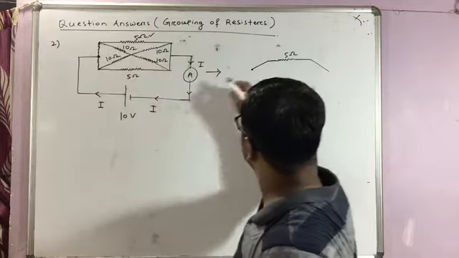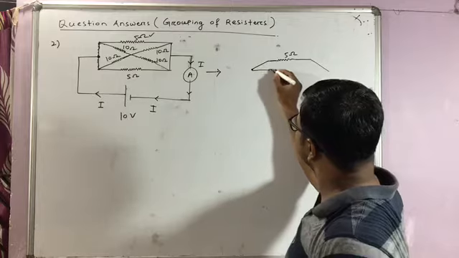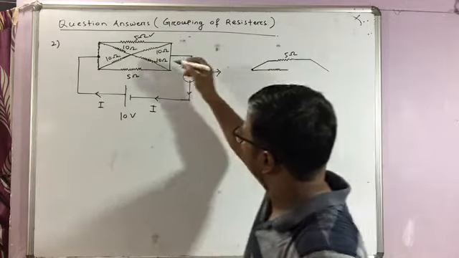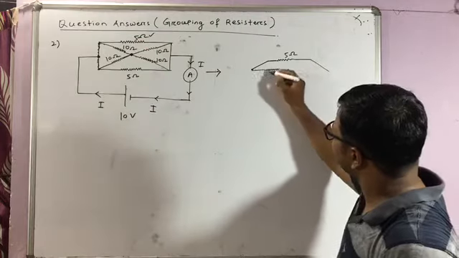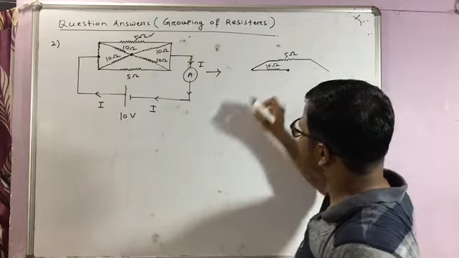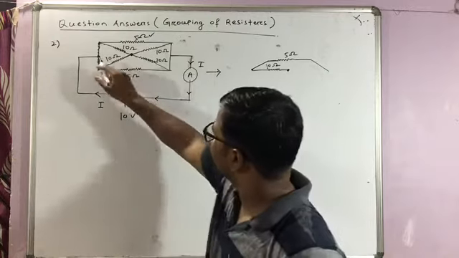Another branch is here, you can take it directly. Another branch is like this. This is a joint there. So till that point you take that 10 ohm resistance. Also this 10 ohm and this 5 ohm, they are also connected to this point.